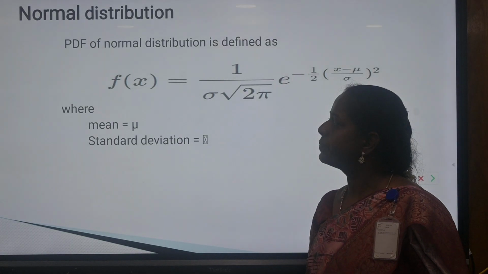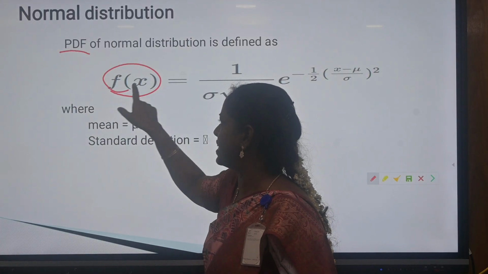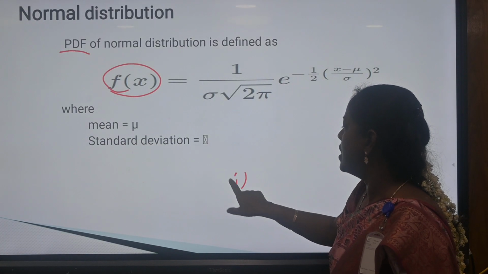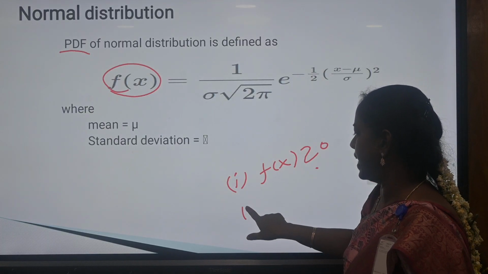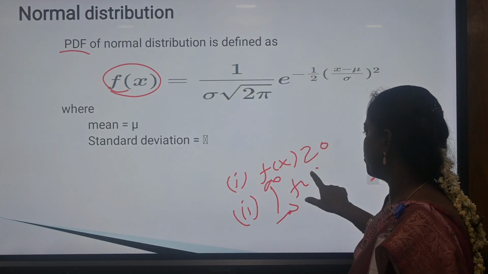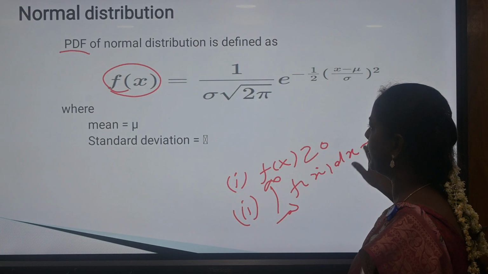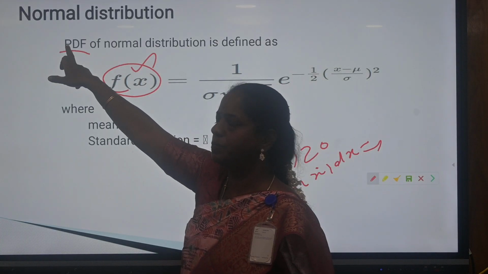For the normal distribution, the probability density function, that means this f of x, satisfies the two conditions. First, f of x greater than or equal to 0, and second, the integral from minus infinity to plus infinity of f of x dx equals 1. That type of function is called the probability density function, that is PDF.